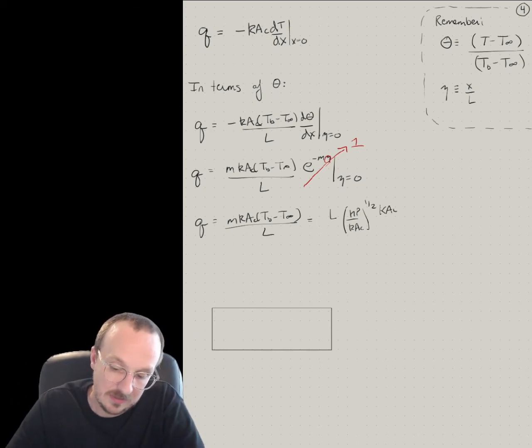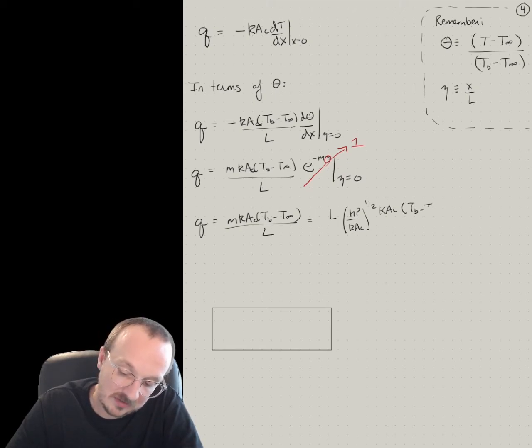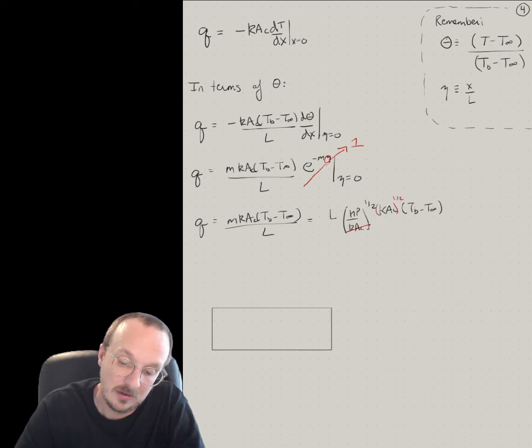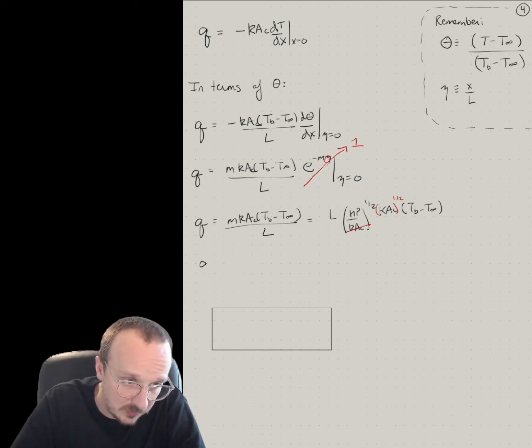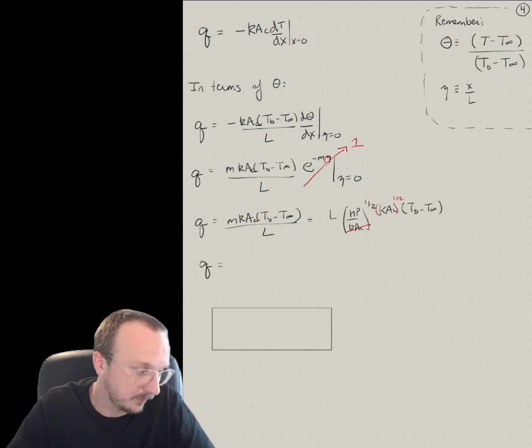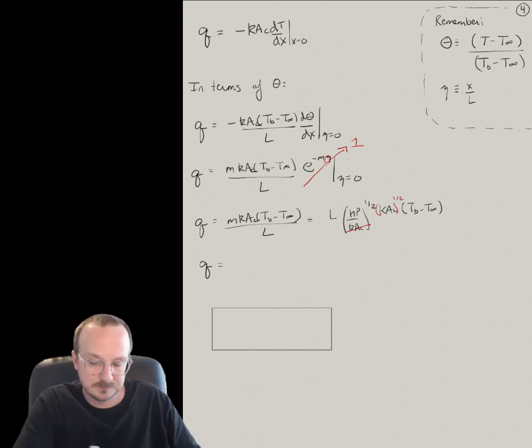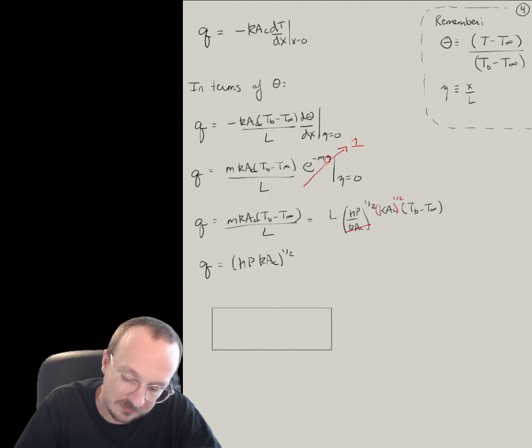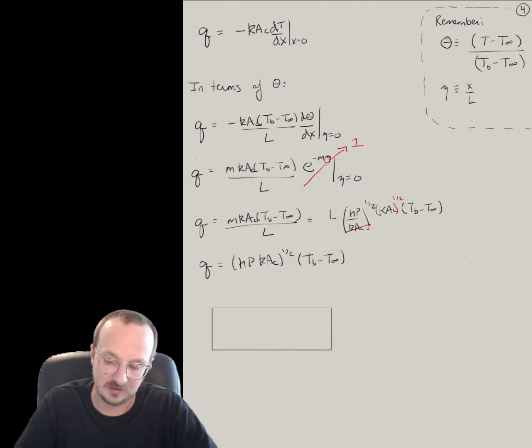Then this is going to be Tb minus T infinity. And if you look here, kAc divided by kAc to the 1/2 is going to make this kAc to the 1/2. And so you're going to be left with Q equals hP kAc to the 1/2 times T base minus T infinity.